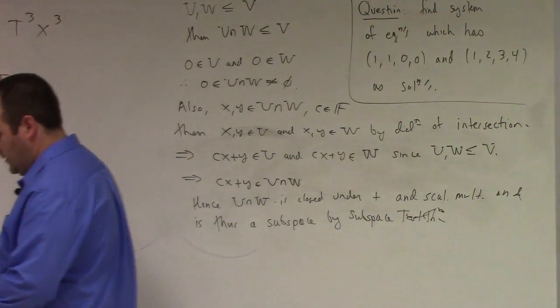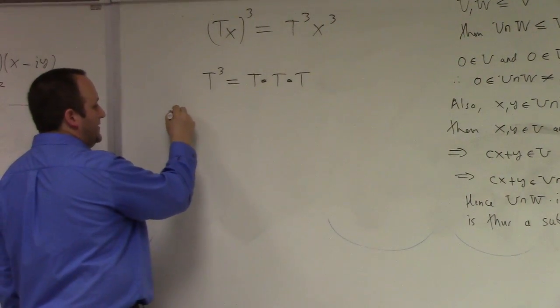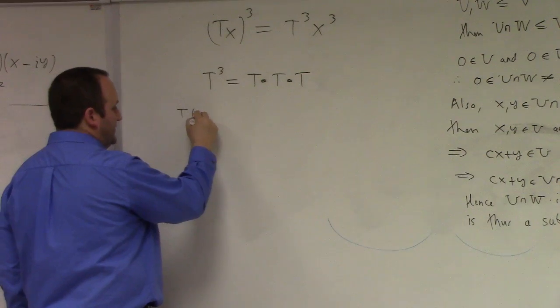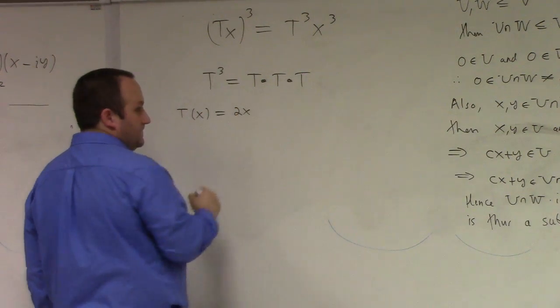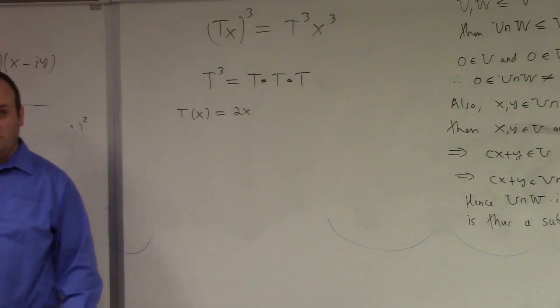Anyway, getting back to a more salient point. This here is something you guys should know. Question 1 on test 2, right? You had T cubed. I gave you that x was an eigenvector with eigenvalue 2, right? Most of you got that, which is great.